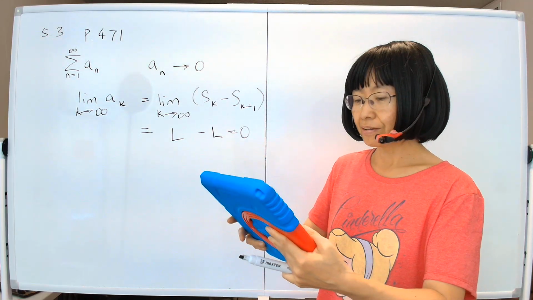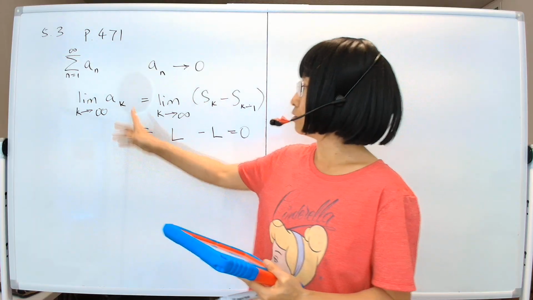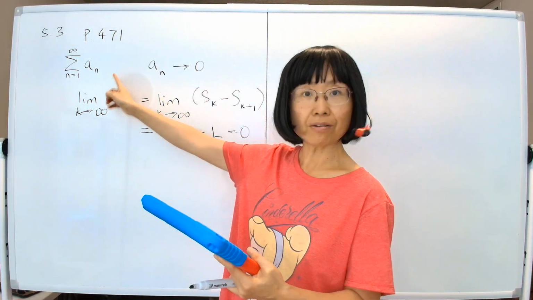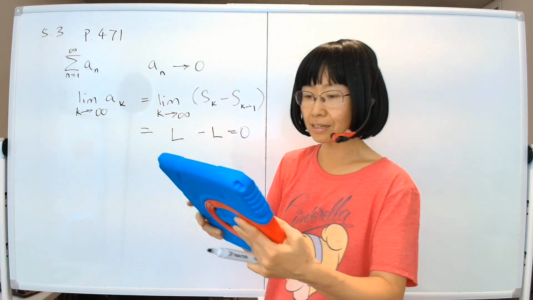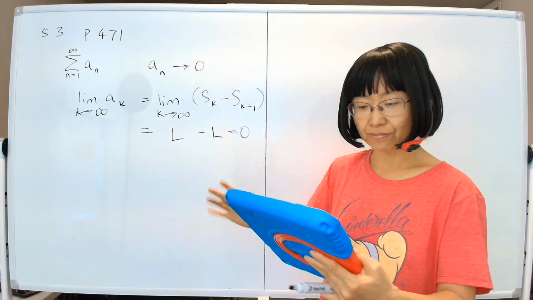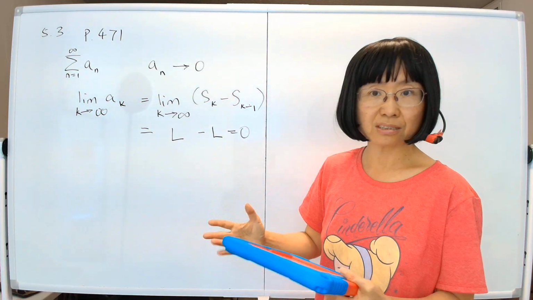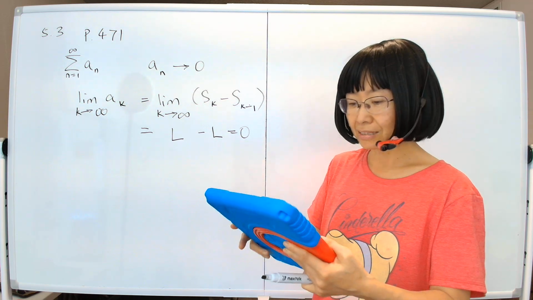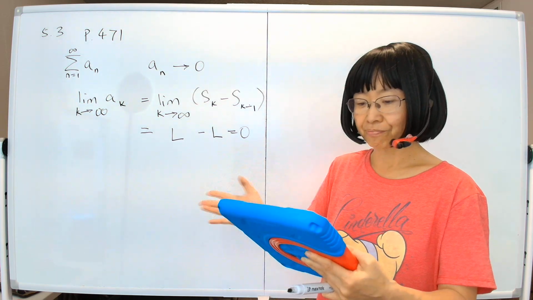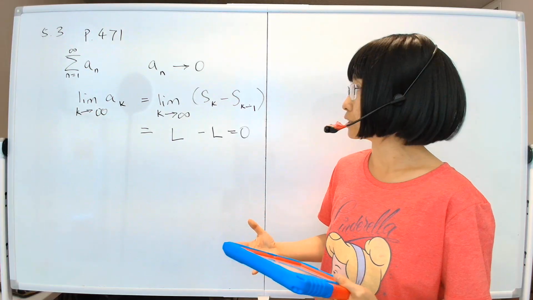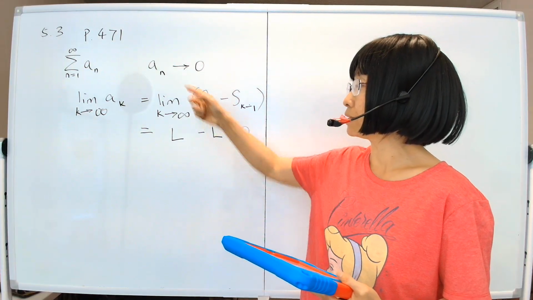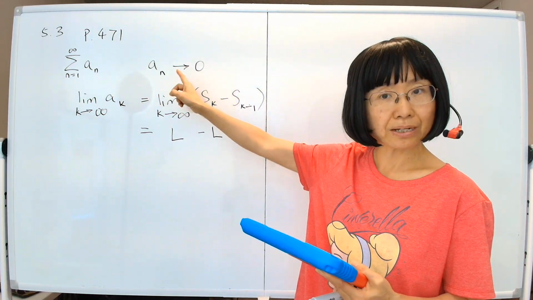That is, if the limit of each individual term an is not 0 as n goes to infinity, that is, it equals a constant or simply doesn't exist, then the series has to diverge, because for convergence to happen, the terms have to go to 0.